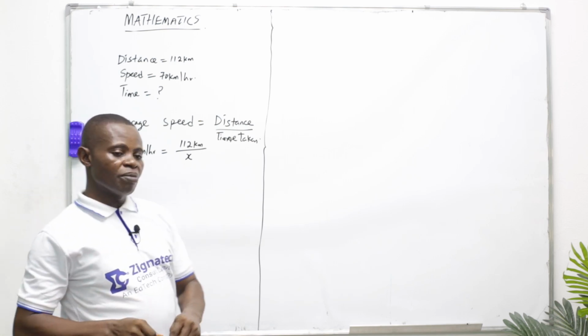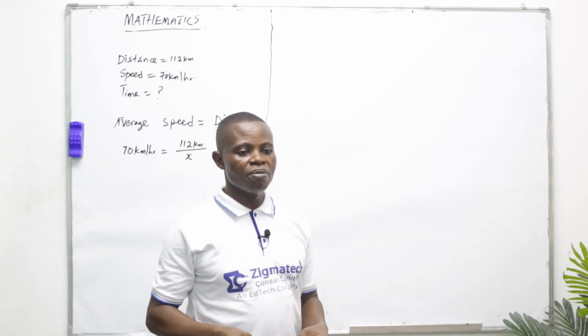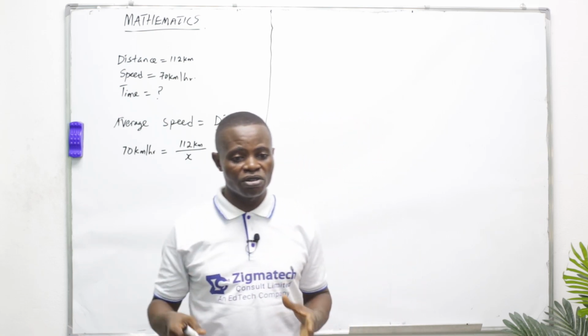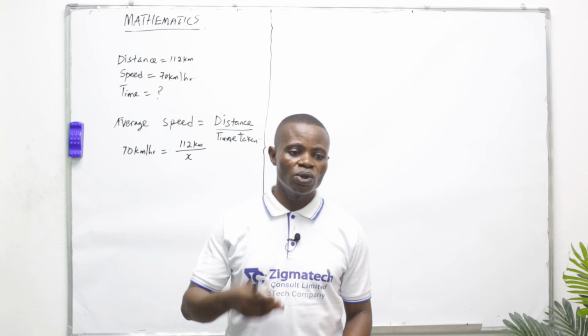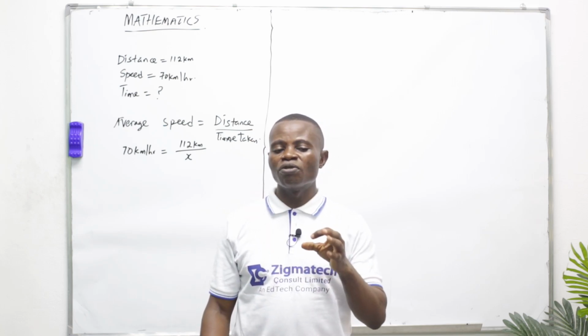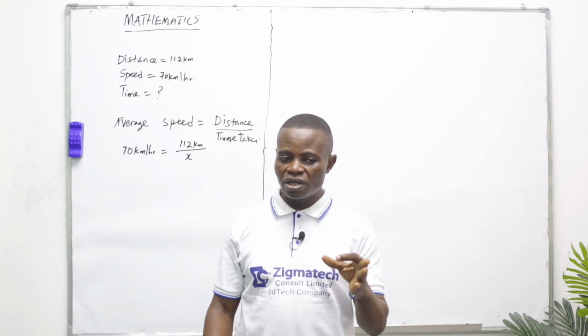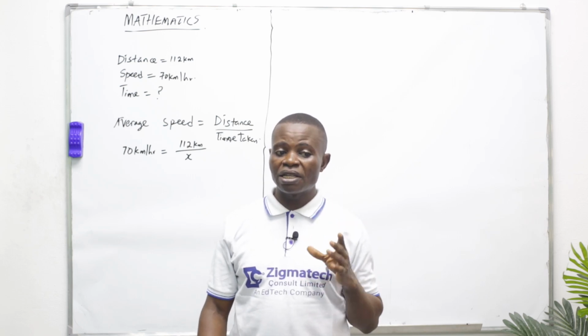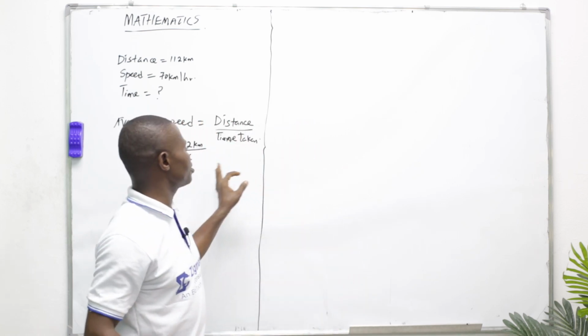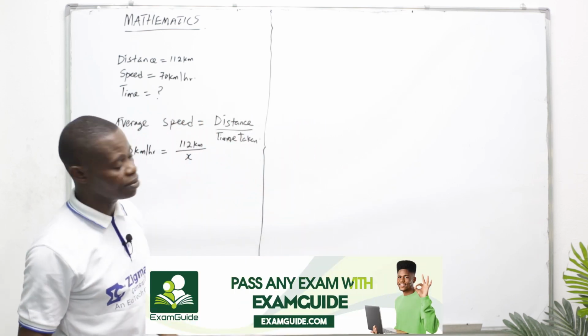Your unknown value can be S, it can be K, it can be Y, it can be any alphabet of your choice. So just say, let this be this. Also try to focus on what the question is saying. The question says, calculate for the entire journey the total time taken, meaning their interest is time taken.